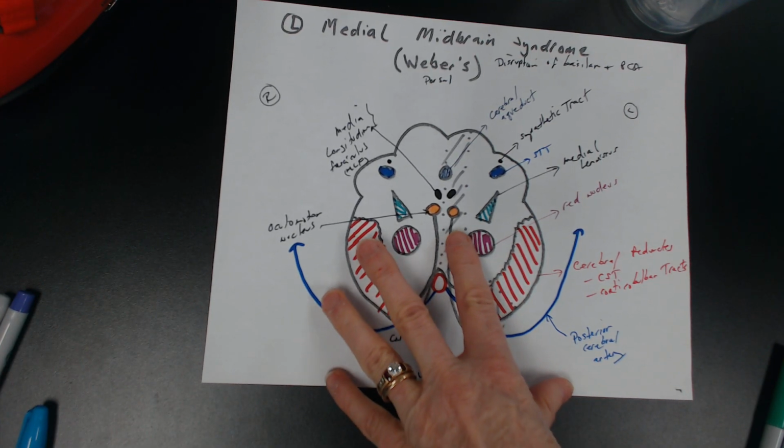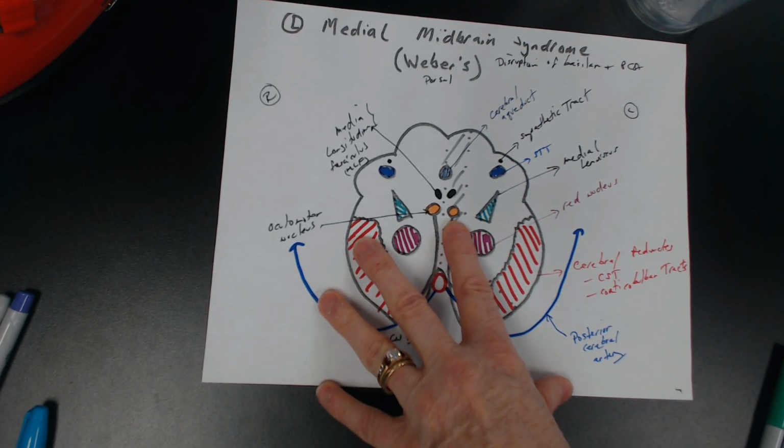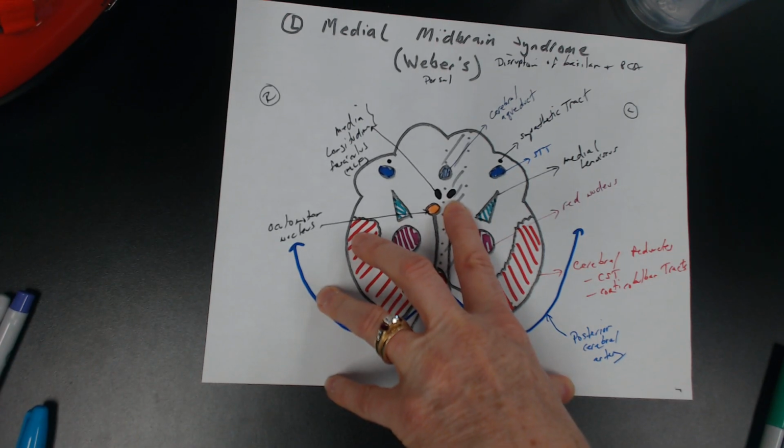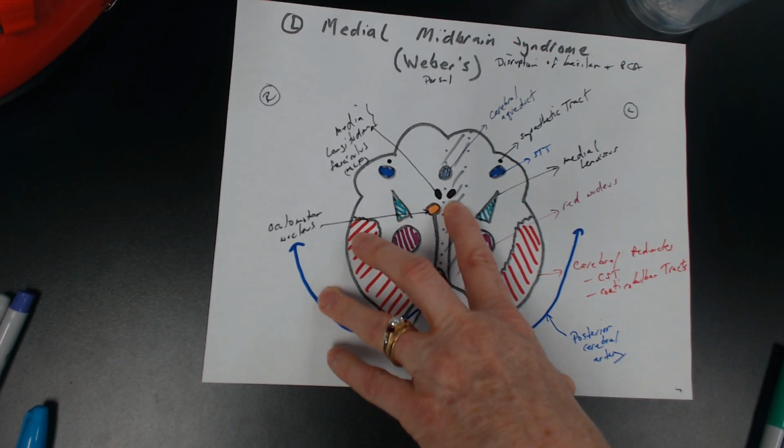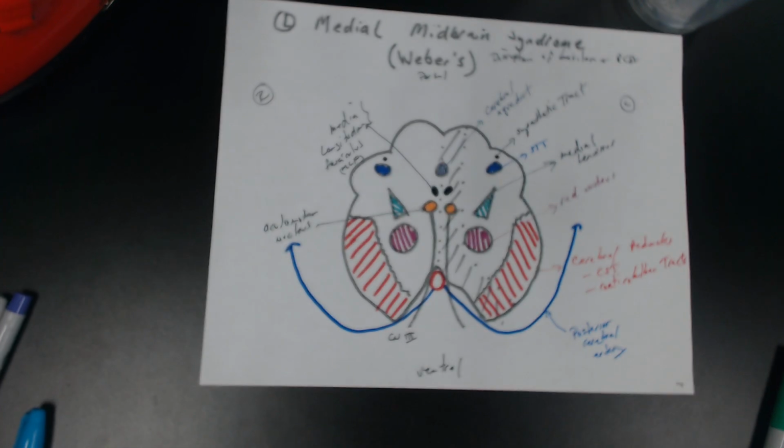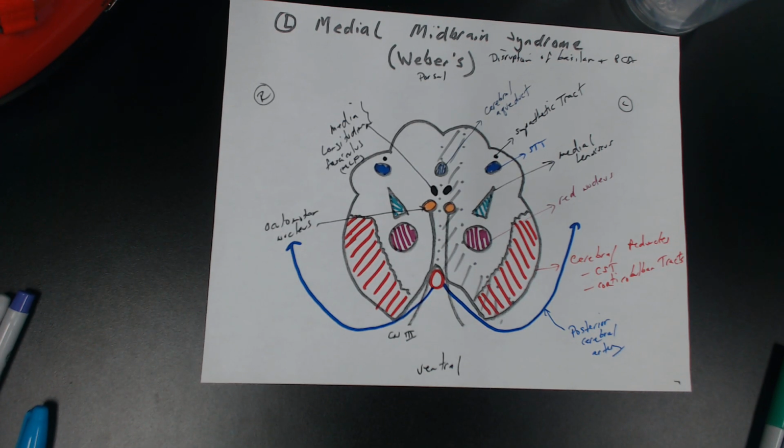You're also going to have problems with the oculomotor nucleus. Okay, cranial nerve 3 deficits. And you're also going to have a disconjugate gaze due to the medial longitudinal fasciculus being affected.